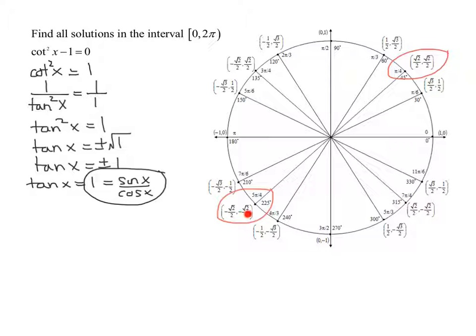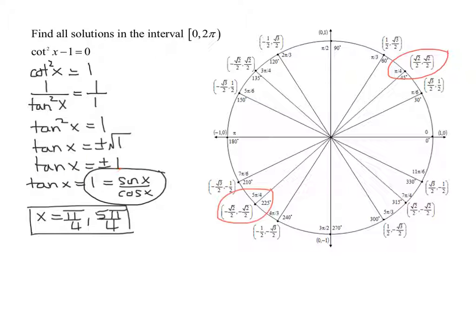Here, they're both equal to the negative square root of 2 over 2. So that's going to give me my solutions of x equals pi over 4 and x equals 5 pi over 4. So there are two of my solutions. So now I've taken care of tan x equals plus 1.